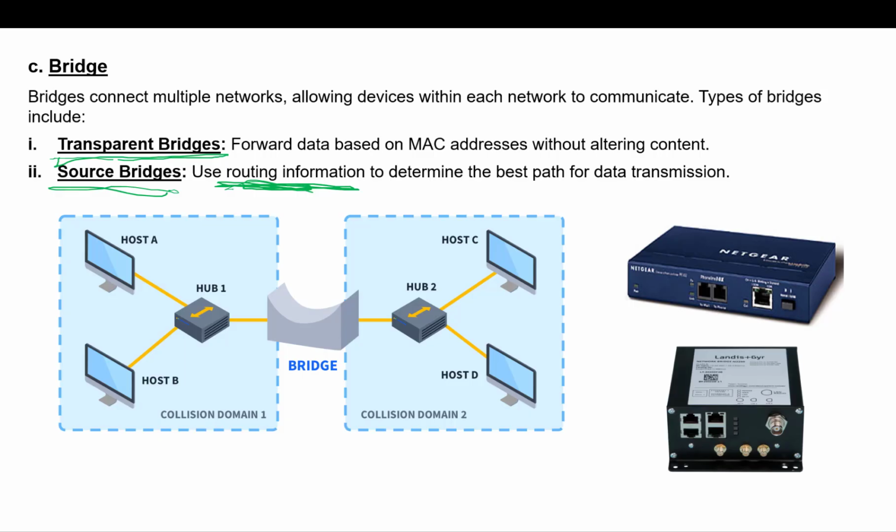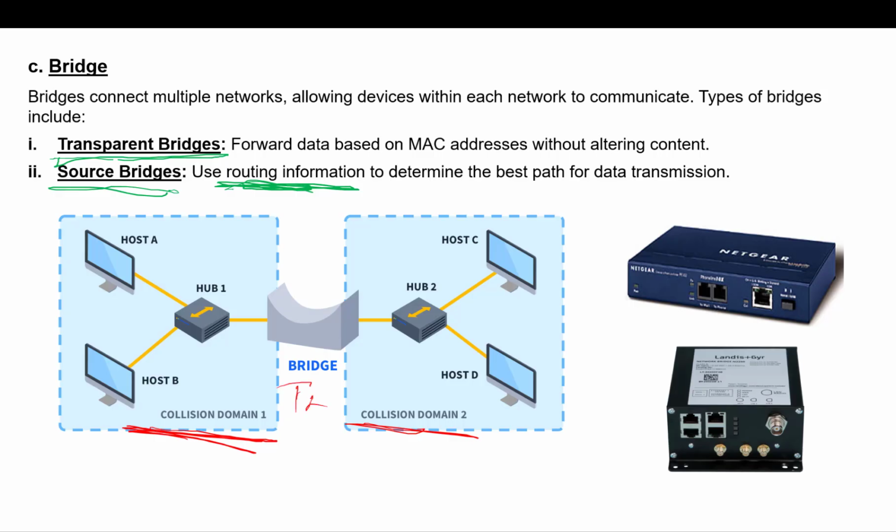If you see the diagram now, let me change the color of the pen. You see the diagram: this is one network, and this is another network. Let us say this bridge is not a transparent bridge.